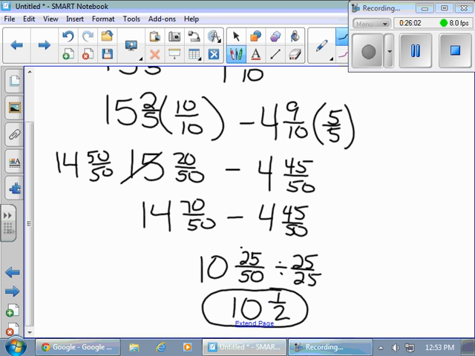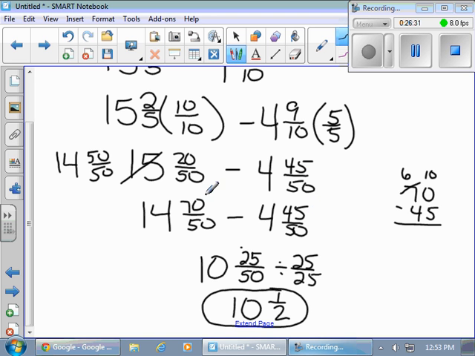Yes. 70 subtract 45 shouldn't be 7. Get the multiple after you multiply. Yeah, because see, I have to borrow here to make that a 10. 70, okay, let's back up. Did everybody get, when they multiplied the common denominator, 15 and 20 over 50 minus 4 and 45 over 50?